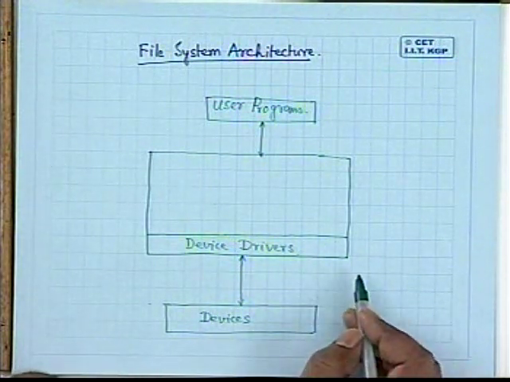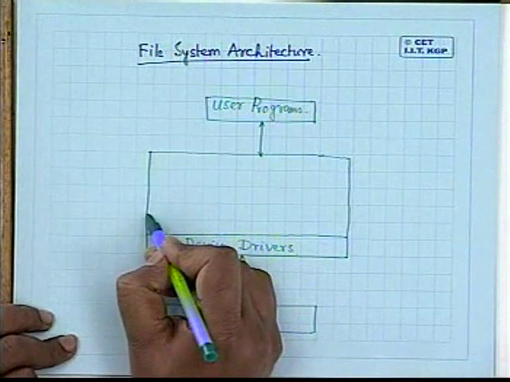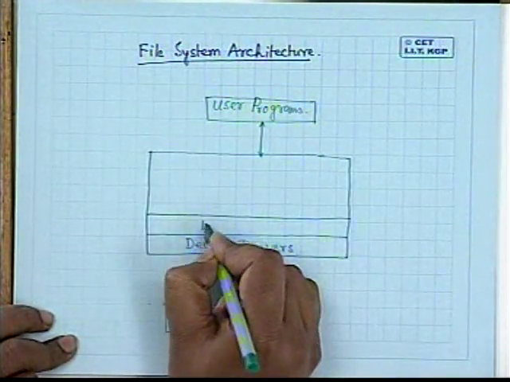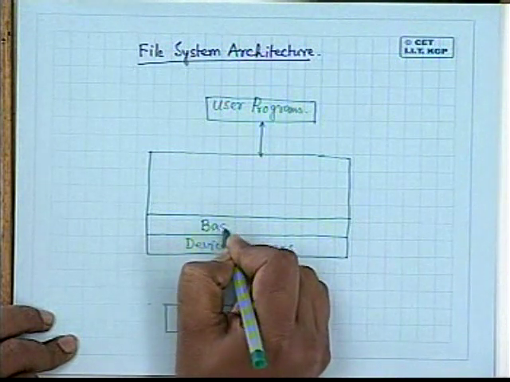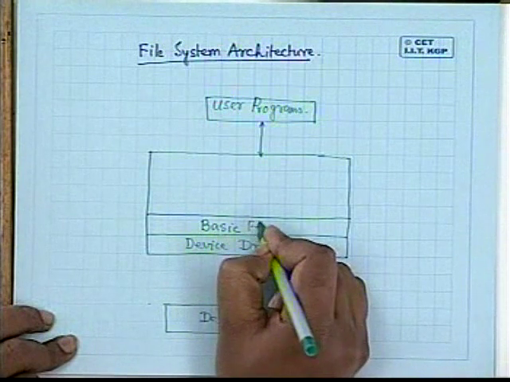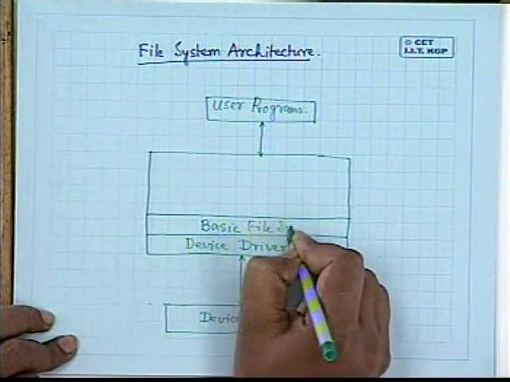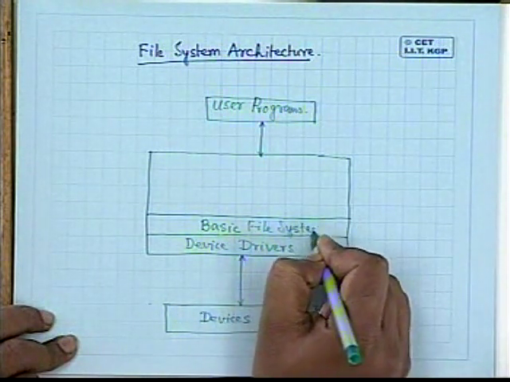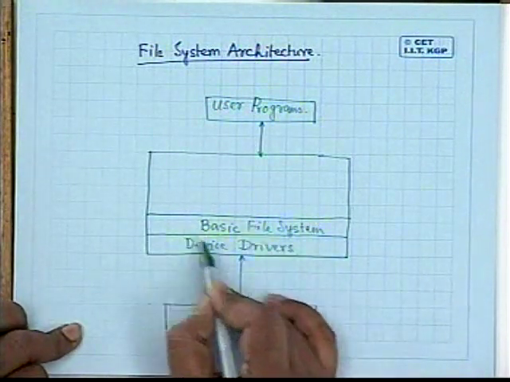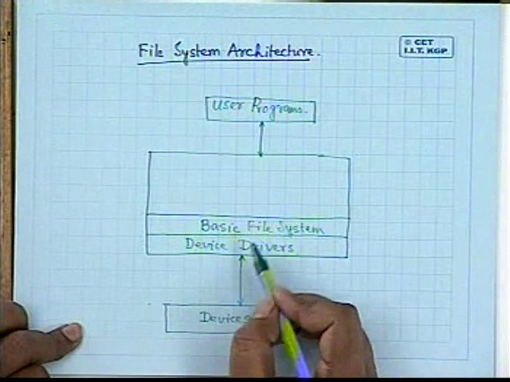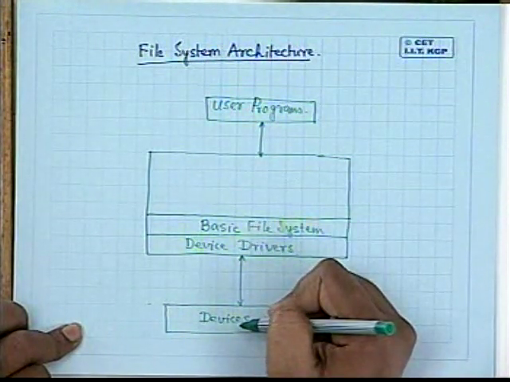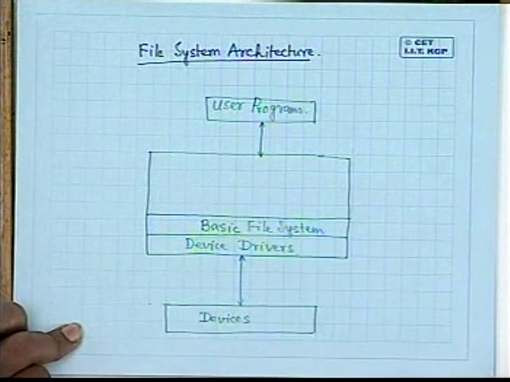Above the drivers, the layer that we have is called a basic file system. So this basic file system is the primary interface between the computer system and the environment outside the computer system.